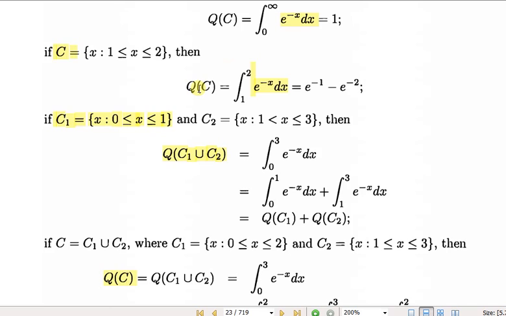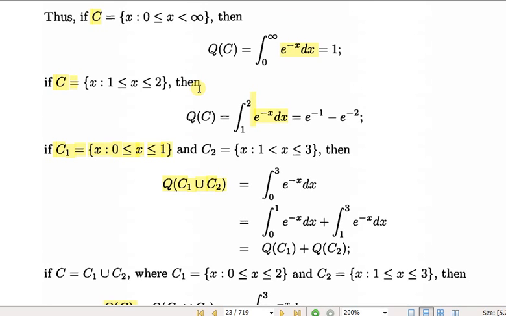We know C1 has a border between 0 and 1, and C2 has a border from 0 to 3.